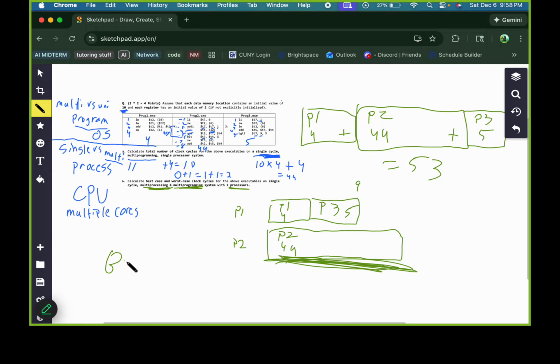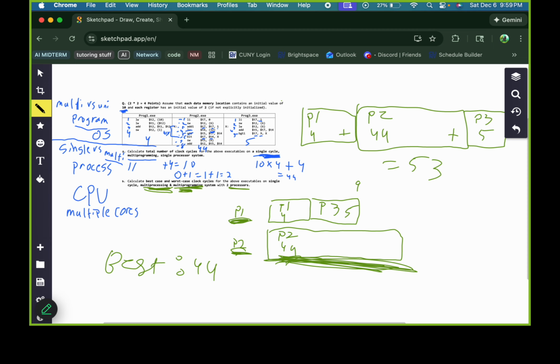That is our best case. So because I was able to multiprocess, multiprogram, I delegated. You 2 are going to go on processor 1. You are going to go on processor 2. So these are happening concurrently at the same time, which makes it much more efficient.